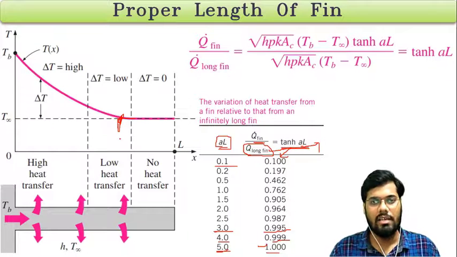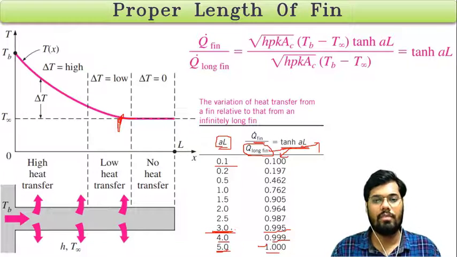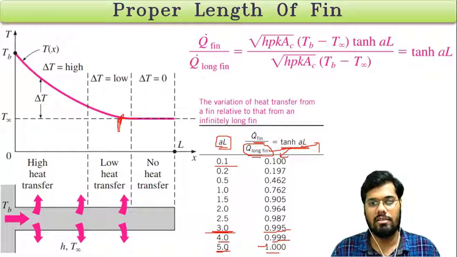So mostly in practice the length of the fin is decided up to this value, for which 99% of the heat transfer rate of the long fin is given by our finite defined length of the fin.